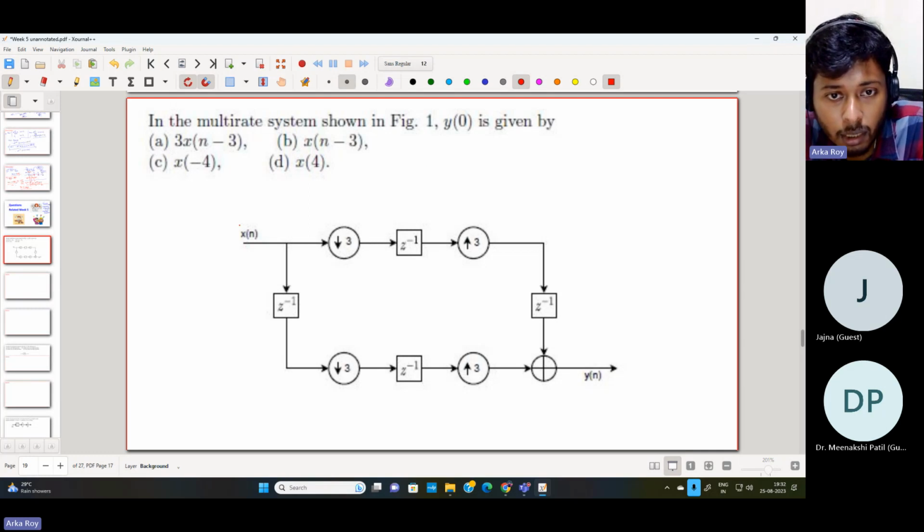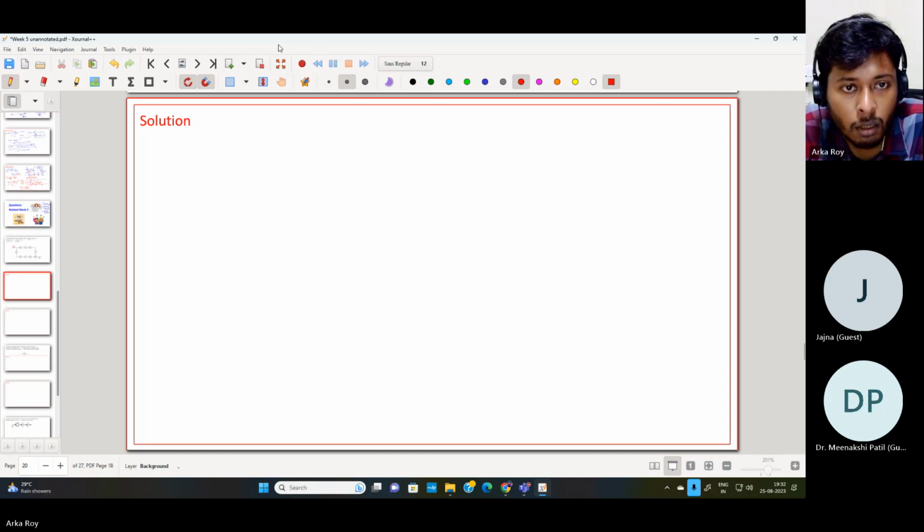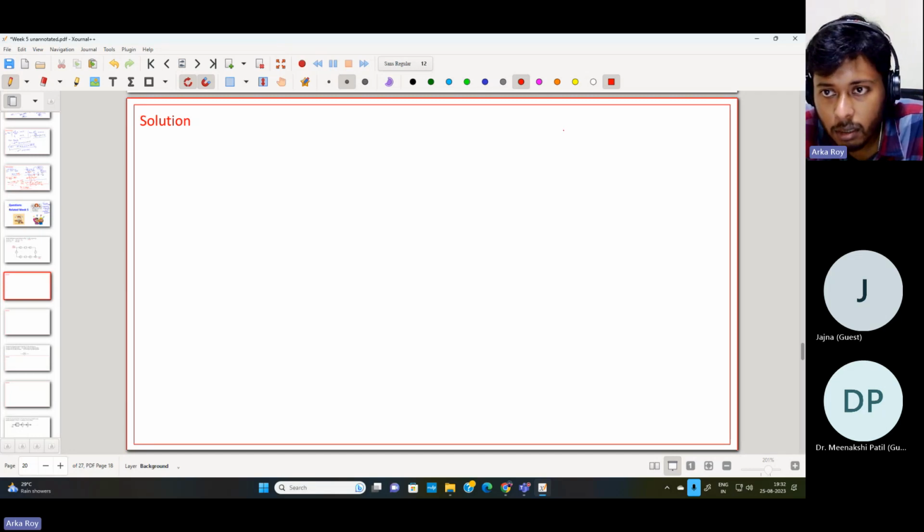The question is that we are giving our input signal xn, and the output signal is yn obviously. We just need to find what is the value at y index 0 after doing all these operations. So I will start drawing it.